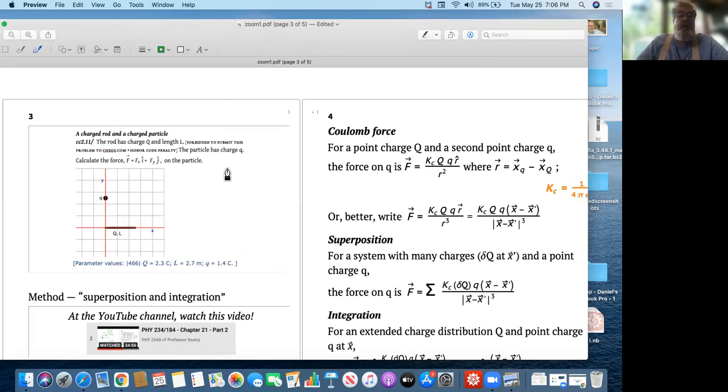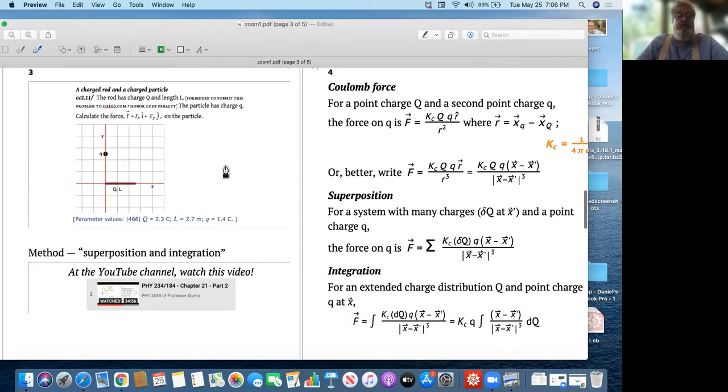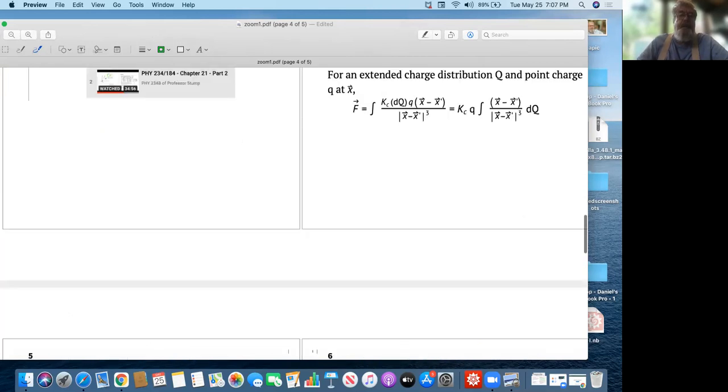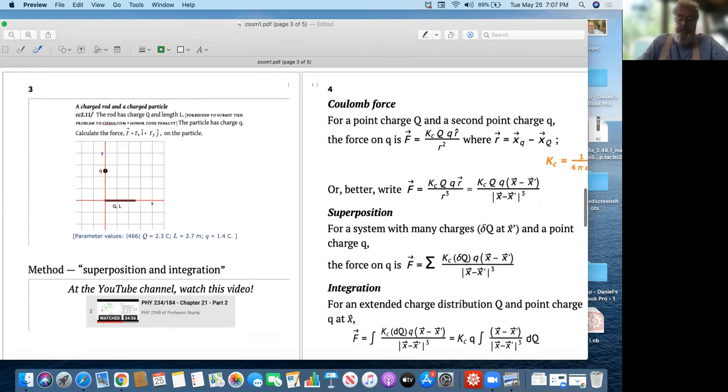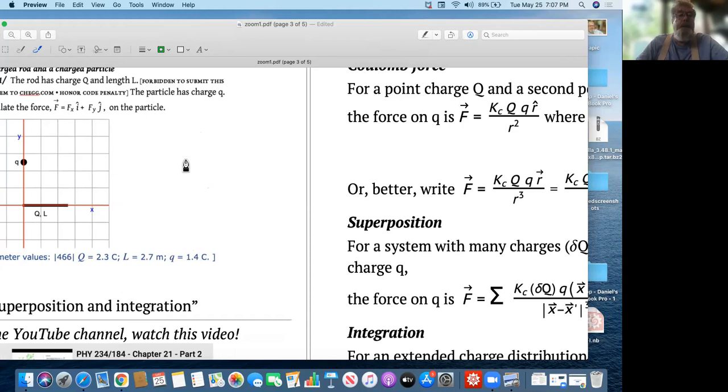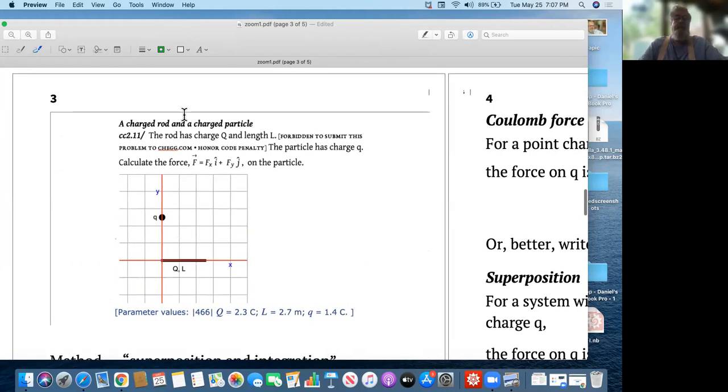All right, so we want to look at a couple of problems. So here's one of them. We're studying the forces between charges. And a lot of the problems involve two particles or two point charges, or maybe a few particles.